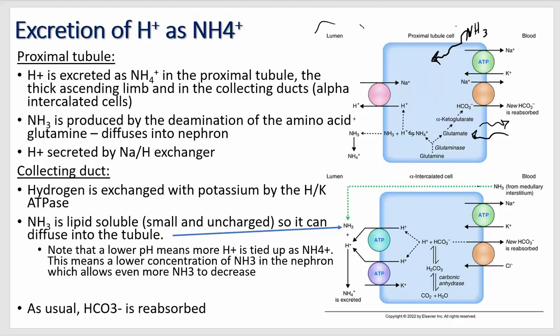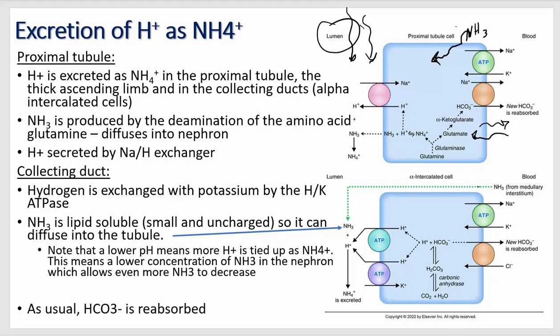So that's what we're seeing here. We see the lumen, so this is the nephron tubule over here, and our filtrate is in here. And we're saying, all right, how are we going to get rid of this hydrogen as ammonium ion? First things first, we need to get that NH3.